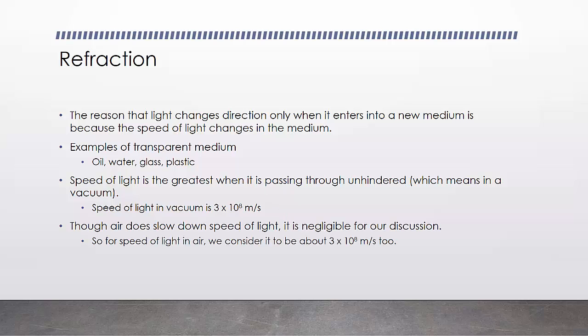Though air does slow down the speed of light, it's negligible for our discussion purpose. So generally for the speed of light in air, we'll consider it to be roughly 3 times 10 to the power 8 too. And of course, if it passes through hindered, the speed of light will slow down in the medium, but it will slow down differently in different mediums. So the speed of light in oil, water, glass and plastic are all different.